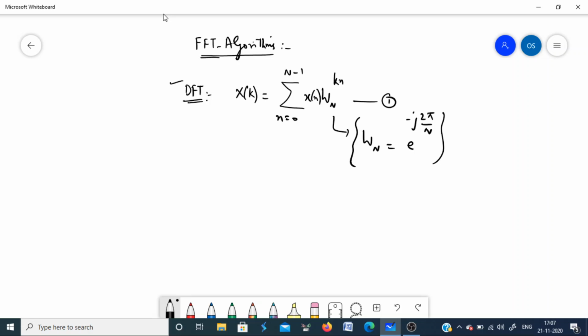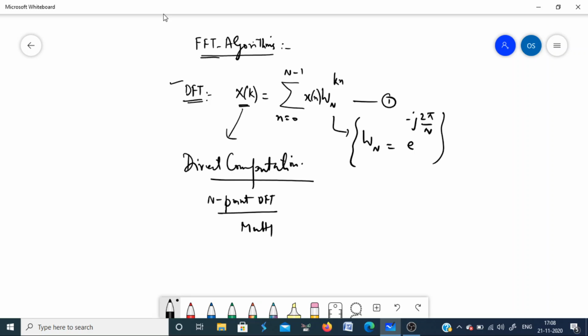And if you see the computational complexity of DFT using the direct computation, means using the equation of DFT itself, you will see how many multiplications and additions are required to compute the N-point DFT of a sequence.